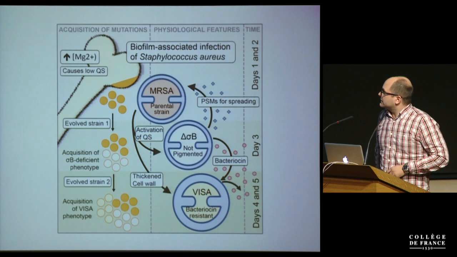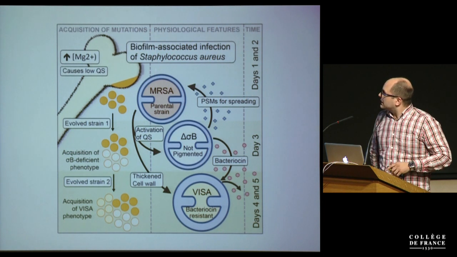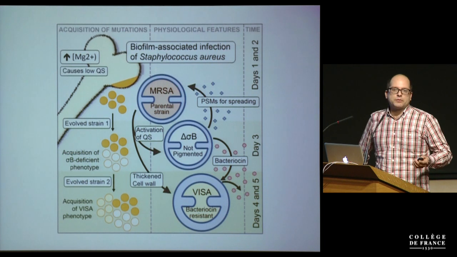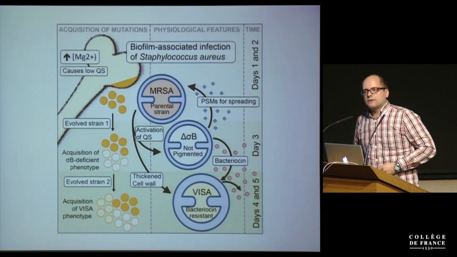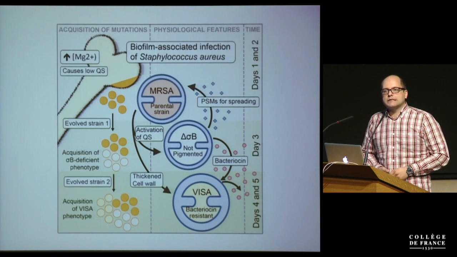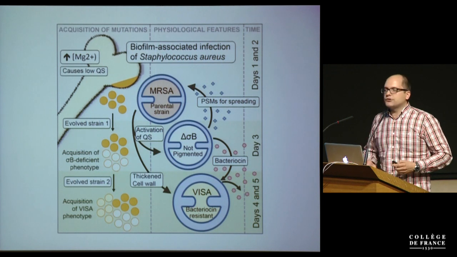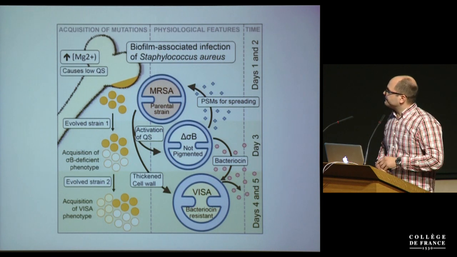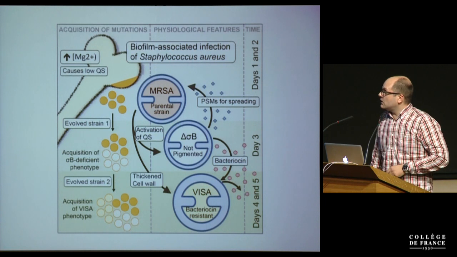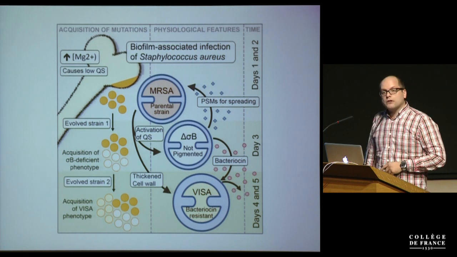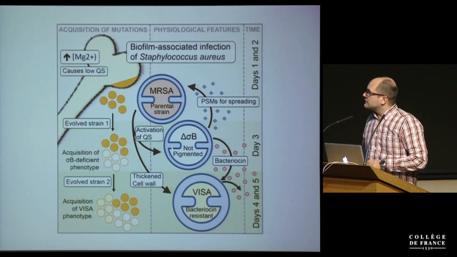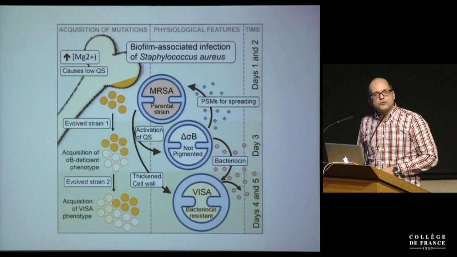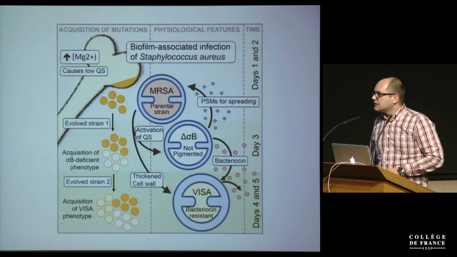So this is my last slide to show you how the evolution comes from an MRSA strain in response to the presence of magnesium. We think it's because it generates some extra rigidity in the cell wall, and that causes stress that triggers sigma B. And in some strains, only in some strains, this seems like a strong force that drives them to inhibit the expression of this sigma B by accumulating a mutation and disabling the gene.